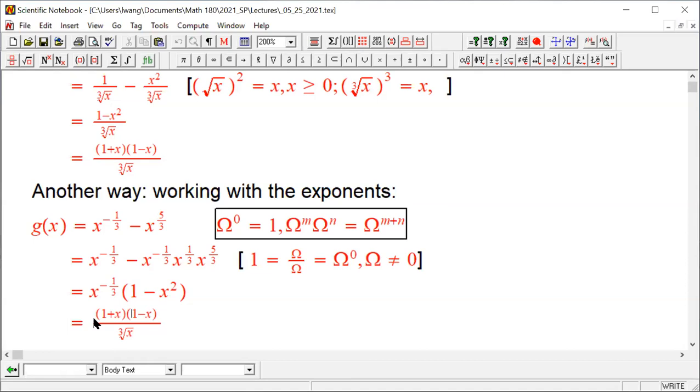You can say, oh, I'm going to just keep this guy over here, and I'm going to keep it that way. That's the factor form. Do you guys see that? So it could be this form, it could be that form. They're the same thing.